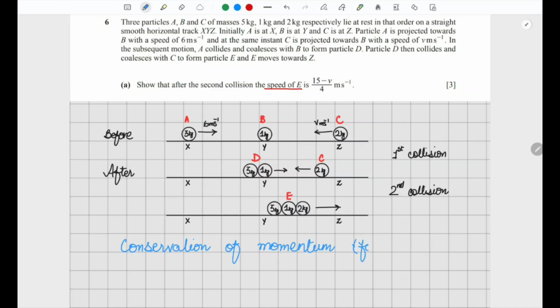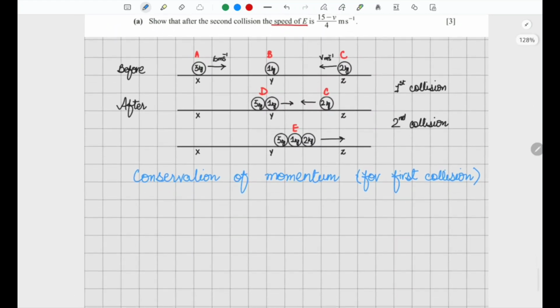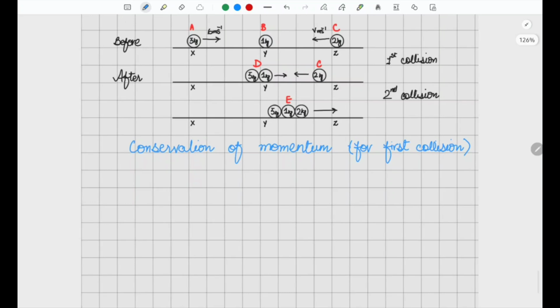For the first collision, what is going to be the conservation of momentum? Let's write it first.